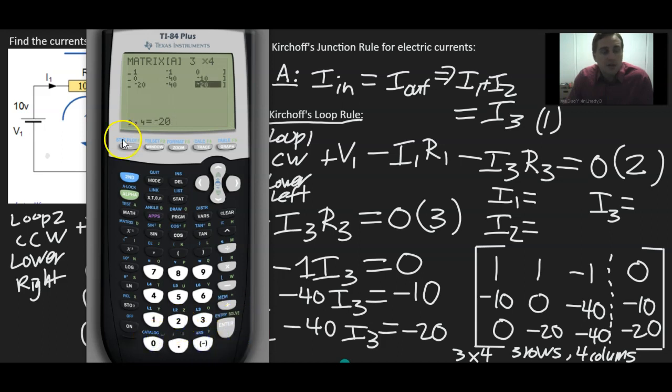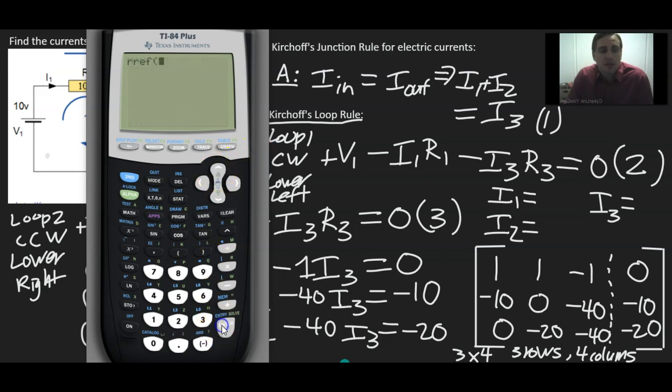Alright, so now that the data is entered, let's do second quit, and now let's do second matrix, and go over to matrix math. I want to scroll all the way down to the function RREF, which here is labeled as choice B, and that's short for reduced row echelon form.